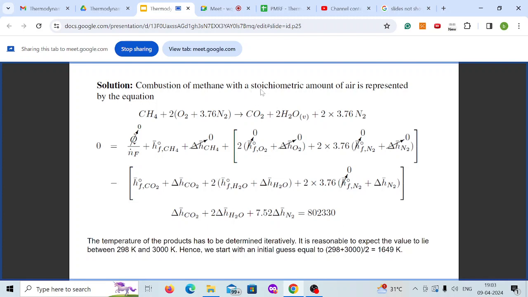We know that this is above 298 Kelvin, and we are assuming that it should lie somewhere between 298 and 3000. So we are doing a binary bisection method. We have two values, so we take the midpoint: 298 plus 3000 divided by 2, we have 1649 Kelvin.